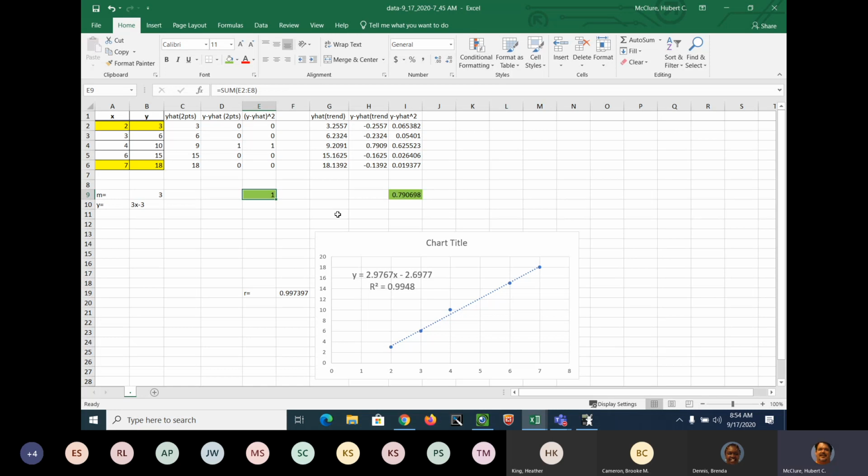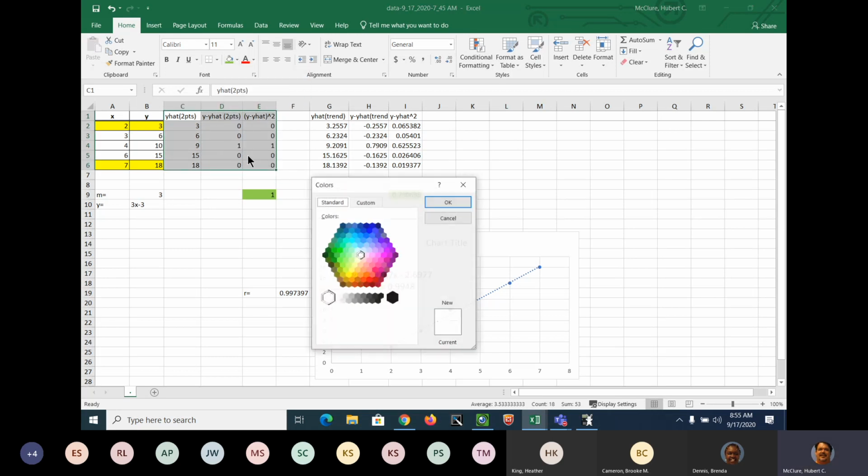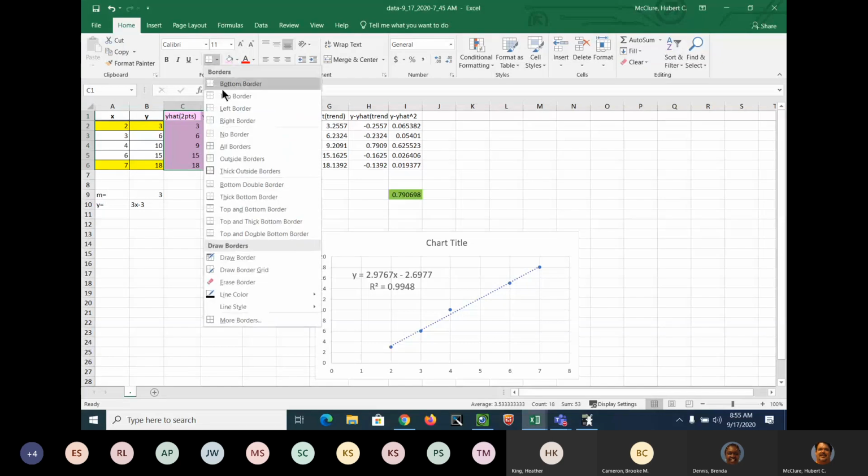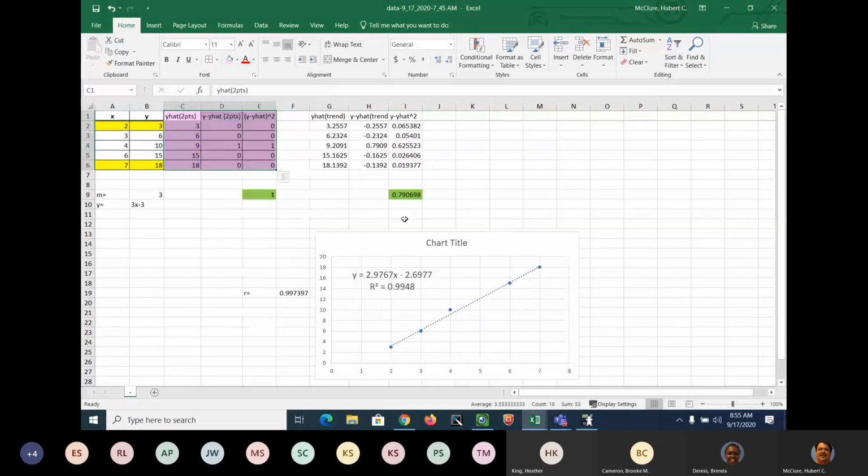Now, you're going to have to do these 3 columns right here because I haven't found a way to do it on the calculator. So I'm going to highlight those in a pinkish color because you have to be wary. You're going to have to do at least this right here. This you can do on your calculator after I show you, if I can remember how to do it.